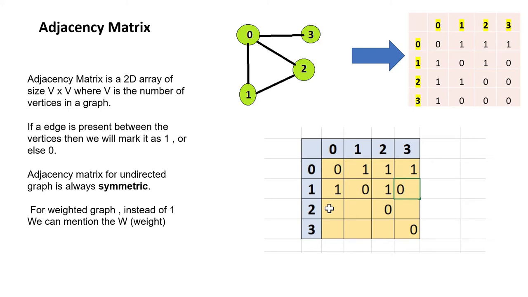From 2 to 0, yes, a connection exists, and from 2 to 1 there is a connection, and 2 to 3 there is no direct connection, so we put a 0 there. 3 to 0 connection is present, 3 to 1 connection is not there, 3 to 2 connection is not there. So this is the complete structure of an adjacency matrix.